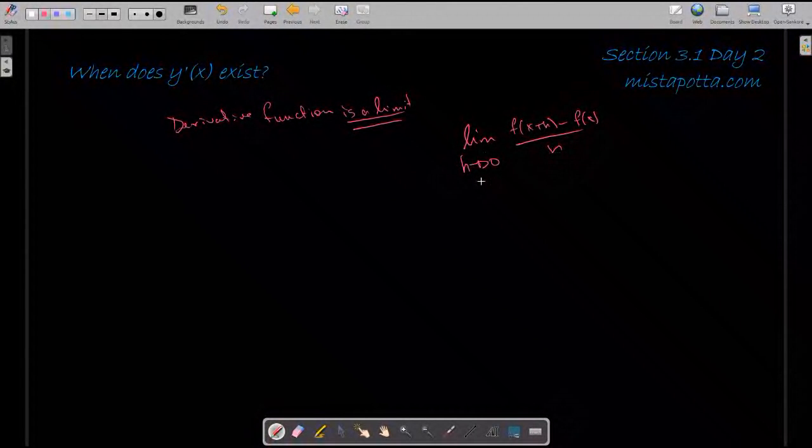unless the left and right hand limits are the same. So the left hand derivative has to be equal to the right hand derivative.